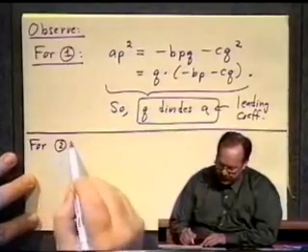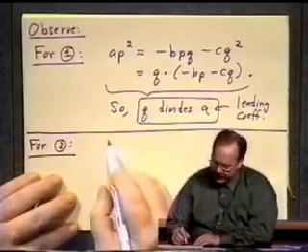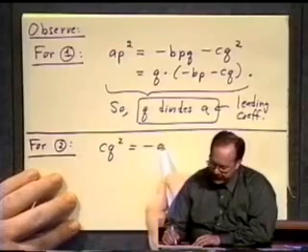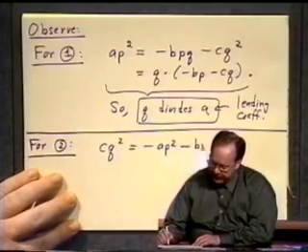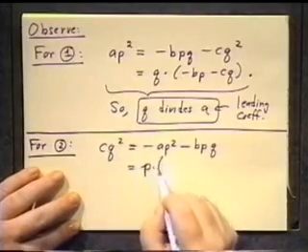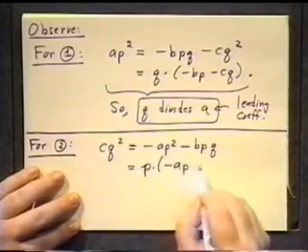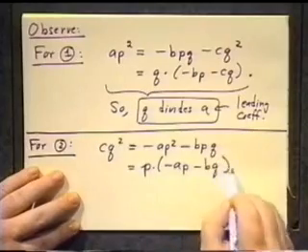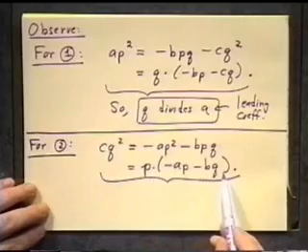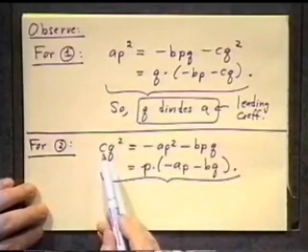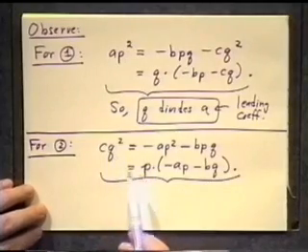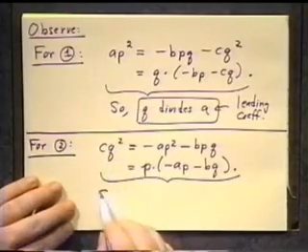For 2, that's where we isolated cq squared. So we got cq squared is equal to minus ap squared minus bpq. On the right, this time I will factor out the p. So p times minus ap minus bq. Now look at this. Since p divides the right-hand side, p must also divide the left-hand side. But p and q have no factors in common, therefore p must divide c.